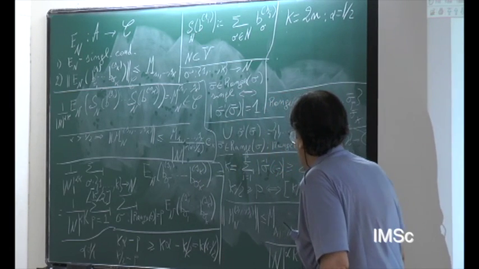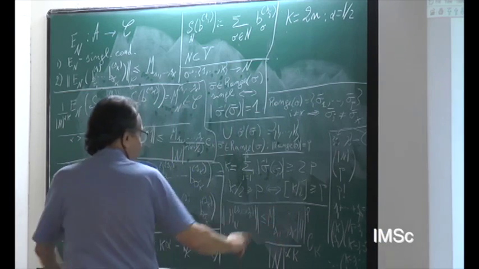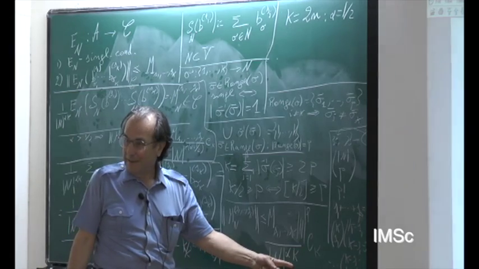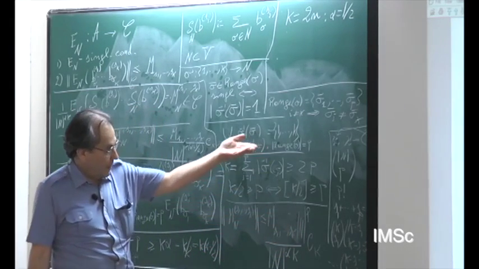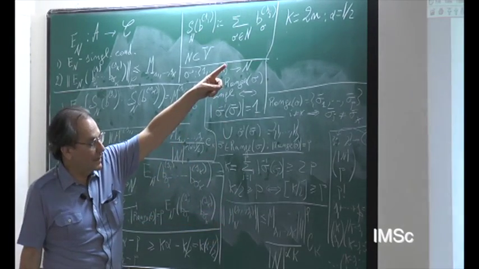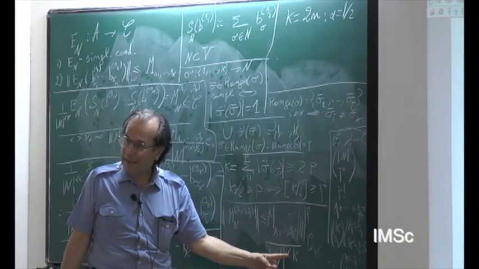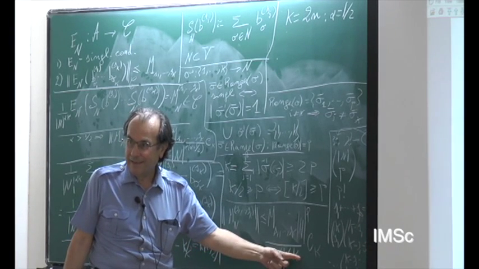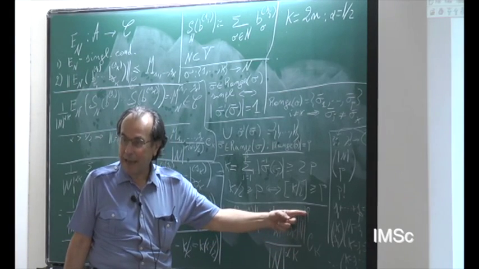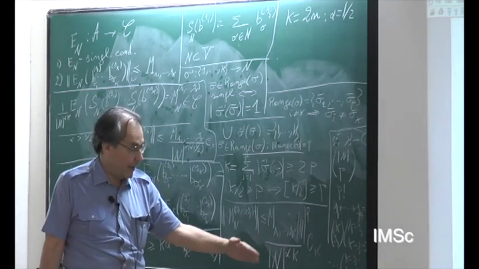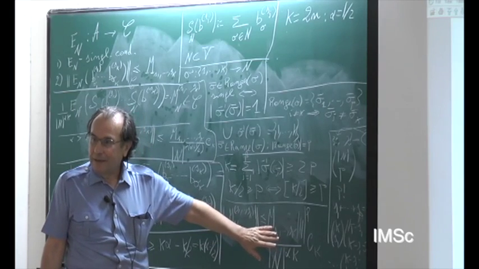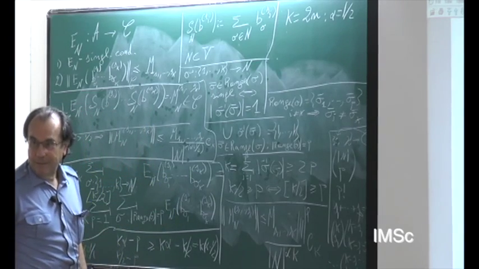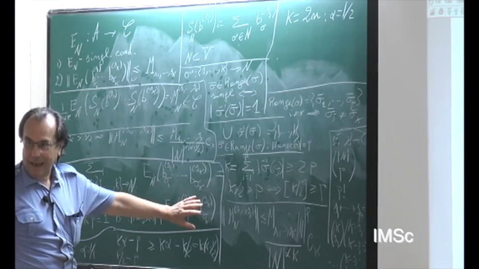But the maximum of p is k over 2, so the maximum of p is n. Alpha is equal 1/2, k is equal to 2n, so alpha k is n. So the maximum of p will be n, and they erase. So this factor will be erased when you have exactly n.